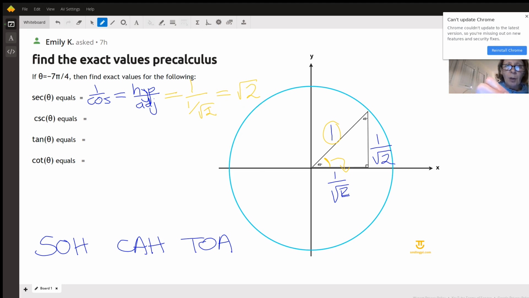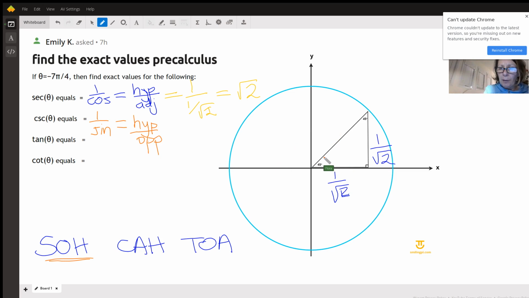The next one, the cosecant, that is going to be 1 over the sine. And then from our SOH CAH TOA, sine is opposite over hypotenuse. We need the reciprocal, so it's going to be hypotenuse over the opposite. So again, going back to our special triangle here, let's just look where we are.